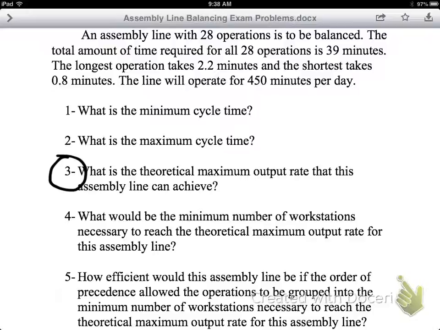What is the theoretical maximum output rate that this assembly line can achieve?